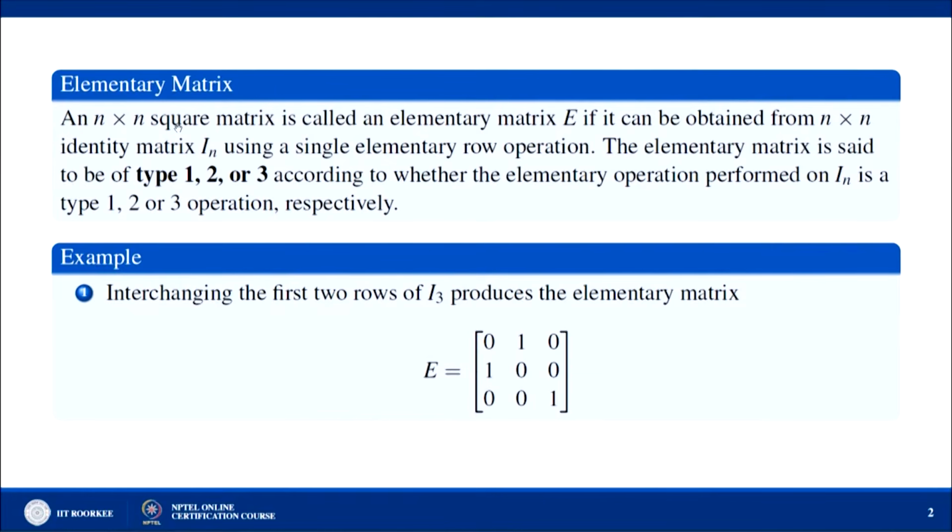An n cross n square matrix is called an elementary matrix E if it can be obtained from the n cross n identity matrix I n using a single elementary row operation. We have already seen in the last lecture that there are three basic elementary row operations.